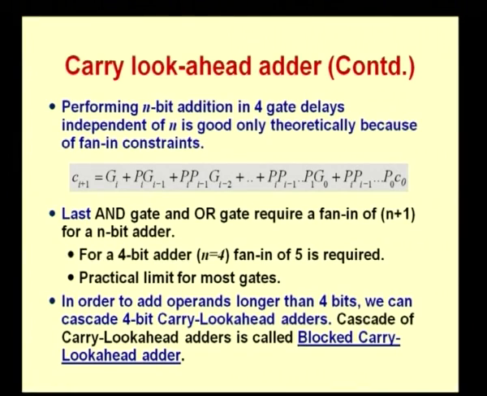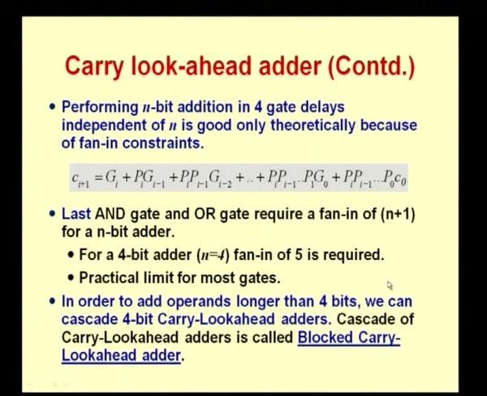So when you have these large additions that need to be done, when you look at a 32 bit adder for instance, we require 32 input gates. That could become a problem because you won't be able to do a 32 bit AND or OR in one step, but you may have to do it in multiple steps. So that is one problem that we need to consider. But if you had an AND gate and an OR gate with a fan in of n plus 1 for an n bit adder, then it would be possible for you to get it within the 4 gate delays that we are talking about.